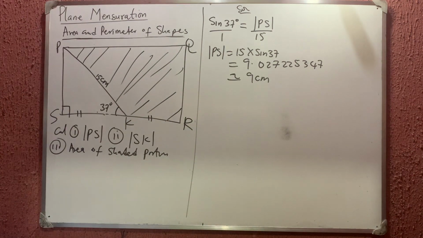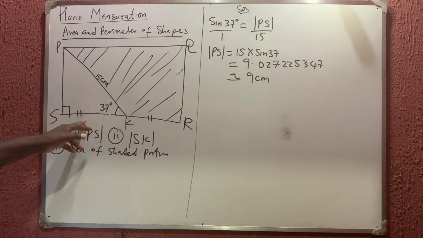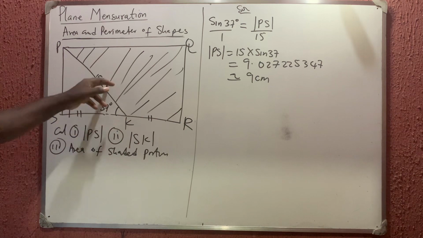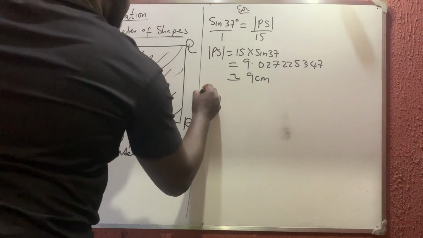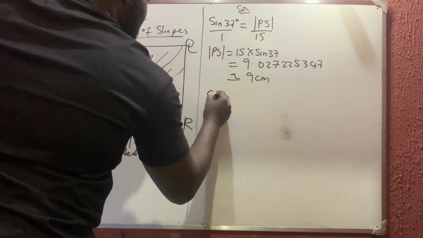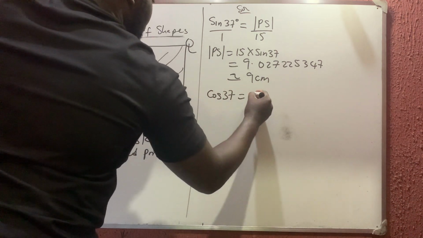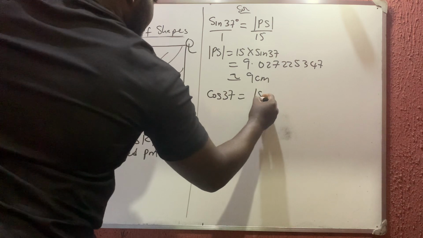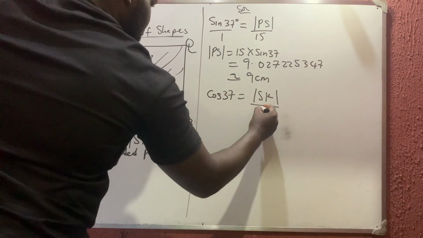Okay. So they show us calculate line SK. Line SK. This is adjacent over hypotenuse again. We say that cos 37 is equal to adjacent, that is line SK, over hypotenuse, which is 15.